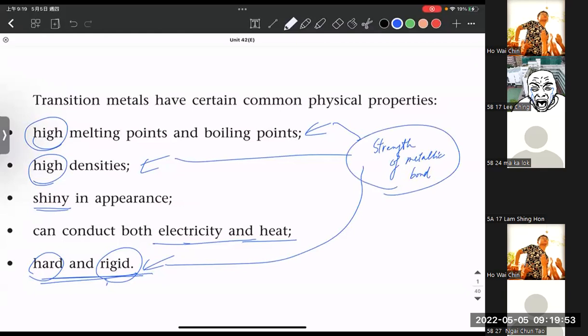Those three items must be related to the strength of metallic bond. When comparing this with group 1 and group 2 metals, we may guess that the metallic bond found inside the transition metal should be stronger, isn't it? It seems like stronger.